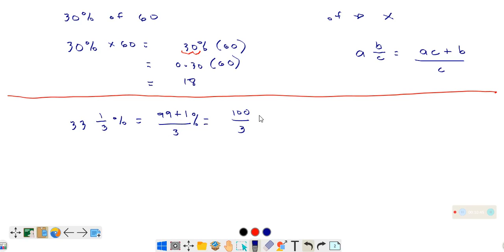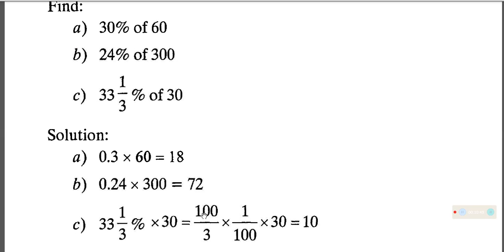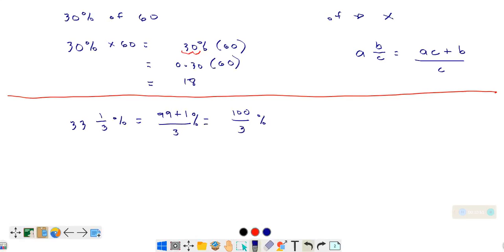Okay. And then, this is going to be equal to 100 over 3. So, 33 and 1/3 percent is 99 plus 1 over 3%, which is equal to 100 over 3%. So, dito nanggaling si 100 over 3. After that, ano yung gagawin natin?